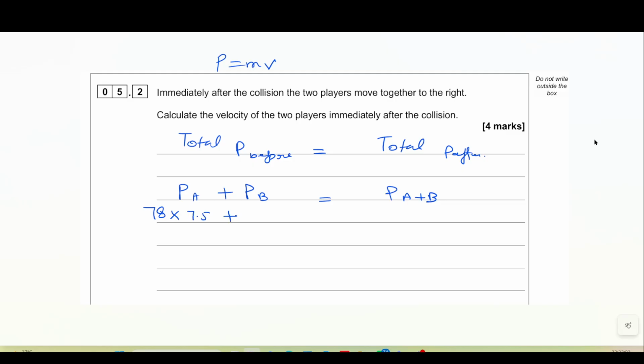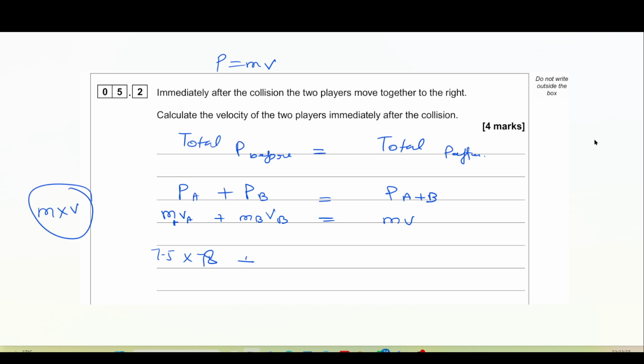So momentum for A is 78 times 7.5, because mass times velocity is the formula.